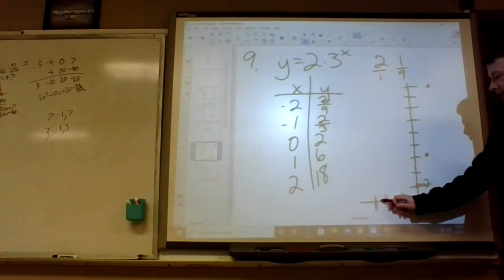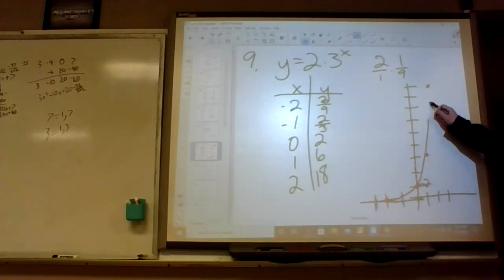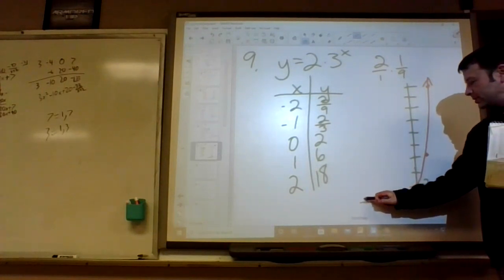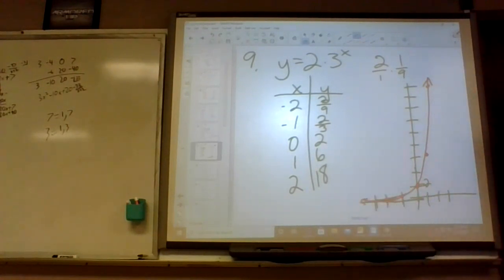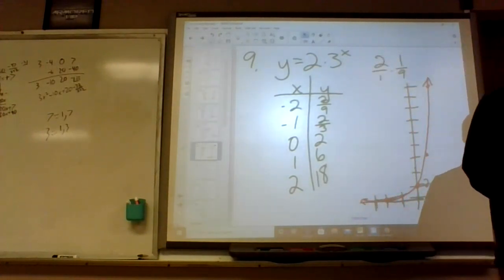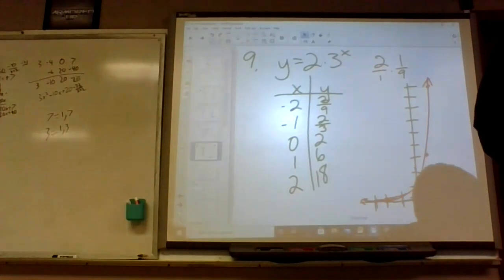So when you do it like that, it should make it look like number 9, because we counted by twos. Does number 9 look like this one? It does. That was number 9.